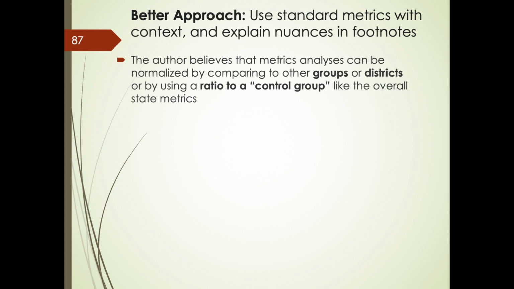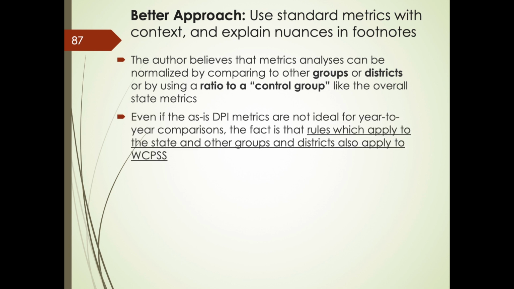I think that we can normalize our analysis by comparing data to other groups or other districts, or by using a ratio to a control group like the overall state metrics. Even if the as-is metrics are not ideal for year-to-year comparisons, the fact is that rules that apply to the state and other groups and districts also apply to us.